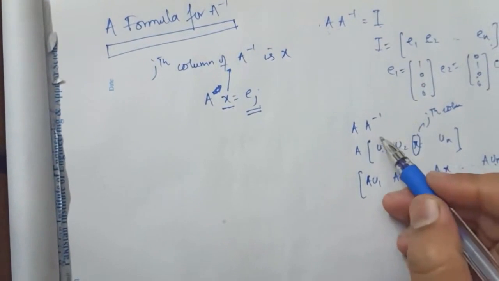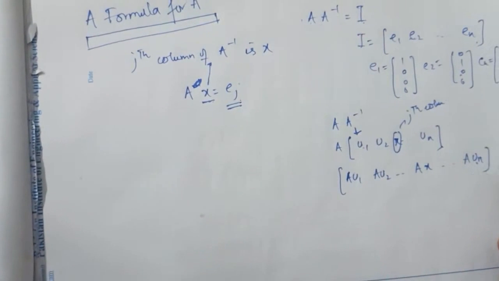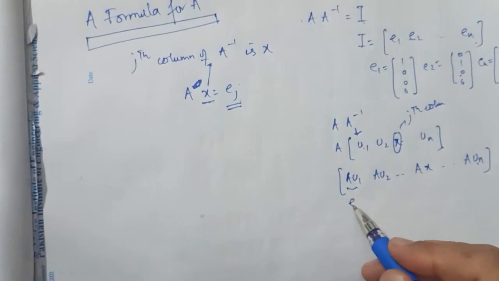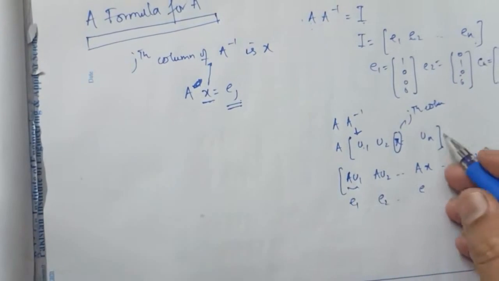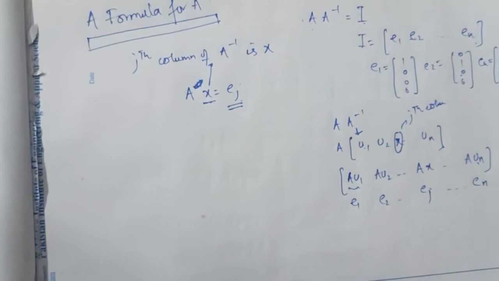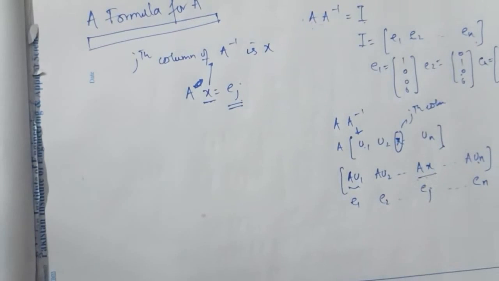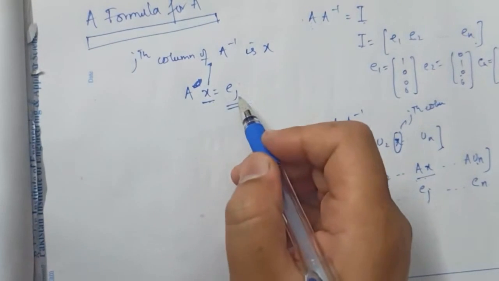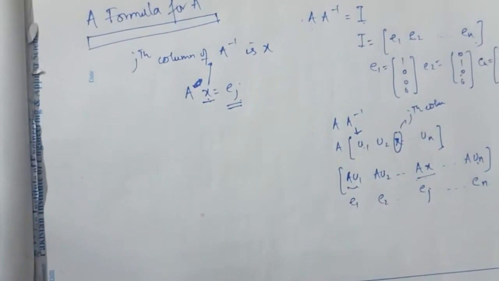Now since U1, U2, Un are the columns of A inverse, this will produce E1, this will produce E2, this will produce Ej, and this will produce En. Okay, so it means AX will be equals to Ej, if X is the jth column of A inverse, right?